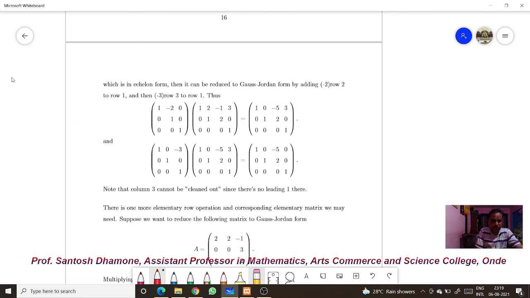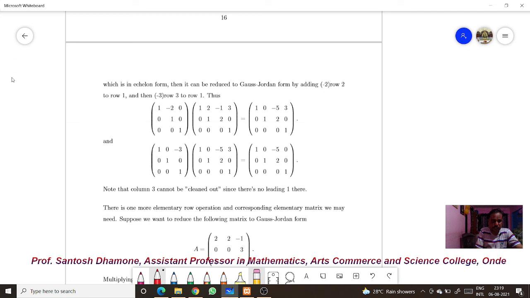Next operation is E is a matrix like this 1 0 0 0 1 0 0 0 1. Multiply row 3 by -3, adding to row 1, we get E as 1 0 -3 0 1 0 0 0 1.